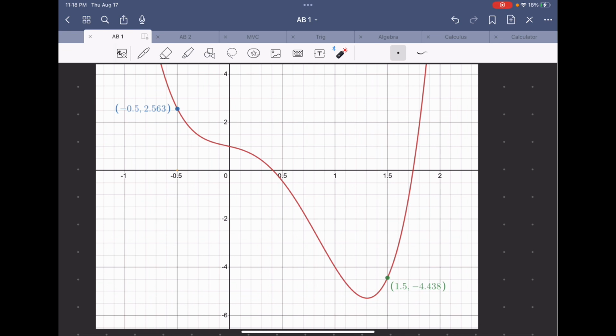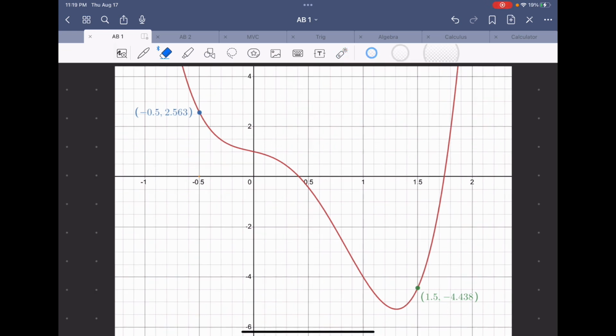So between x equals negative 0.5 and x equals positive 1.5, it has to take on every single y value between about positive 2.5 and negative 4.5. And so since y equals 0, the x-axis, is between those two y values, it has to pass through the x-axis.